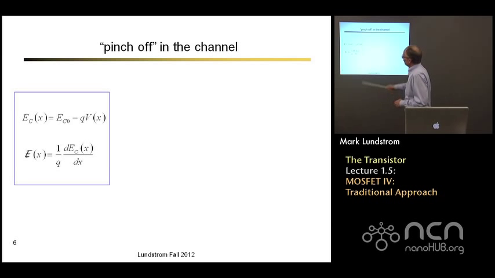We'll explain it in terms of energy band diagrams, because that always gives us a very physical way to explain anything related to semiconductor devices. Remember that the conduction band varies when the potential in the semiconductor varies, and that minus the gradient of the electrostatic potential is the electric field.